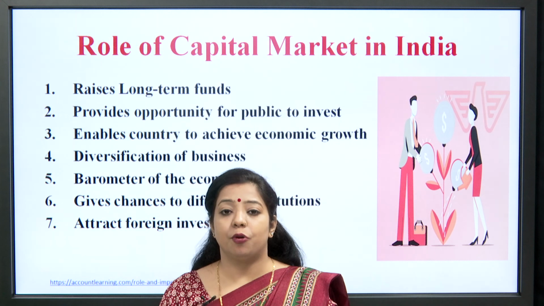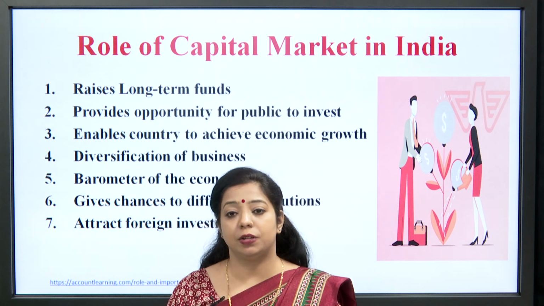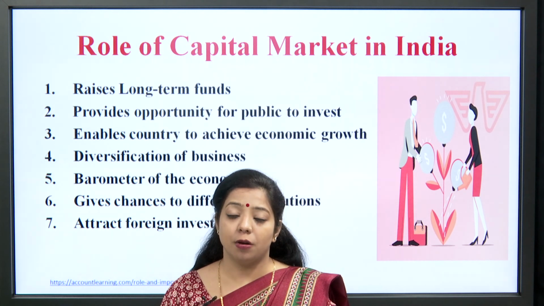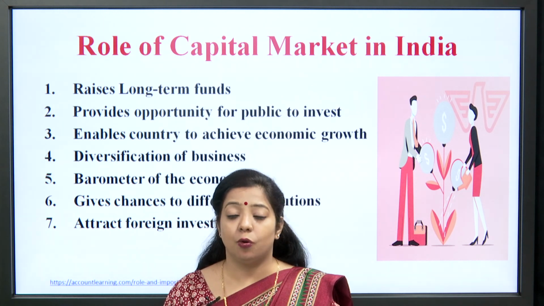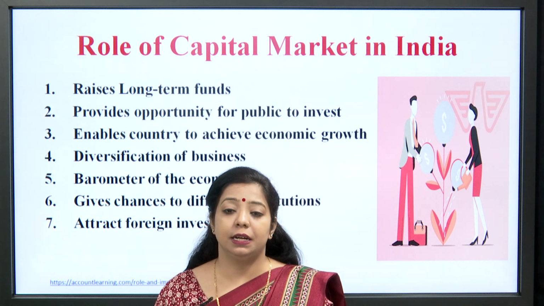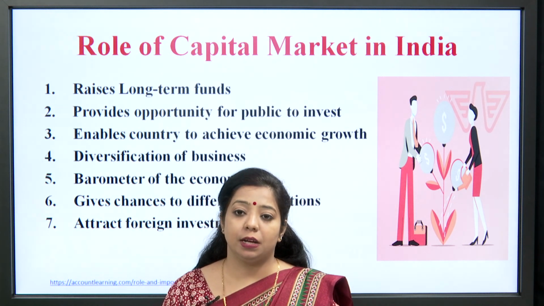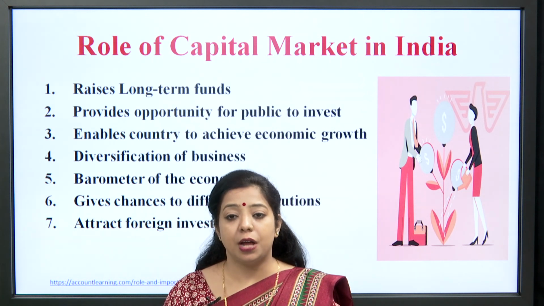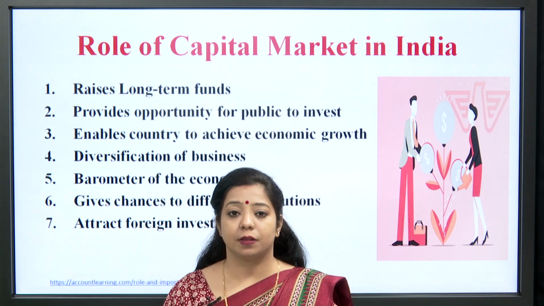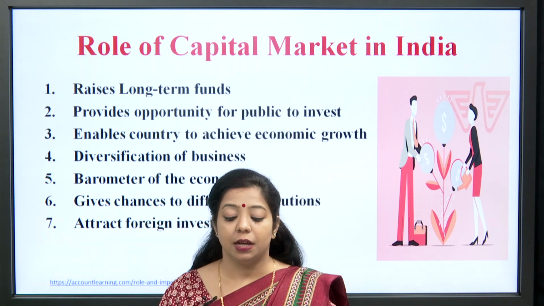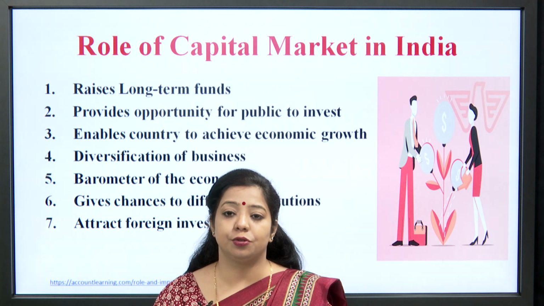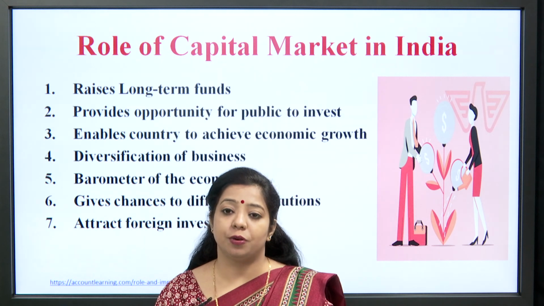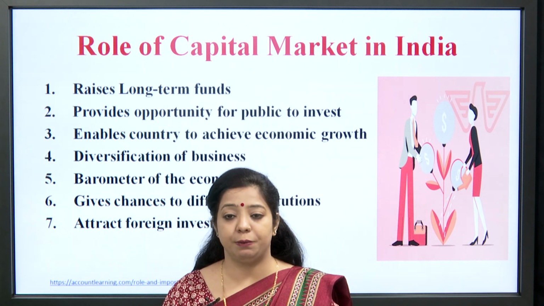The capital market has an important role in checking the barometer of the country. As I already said, if a country's stock market or its whole capital market is healthy, then it means that the per capita income is also going well and the public has a good habit of investing. The capital market gives chances to different institutions for doing various mergers, for having more returns and to promote more business opportunities to people.